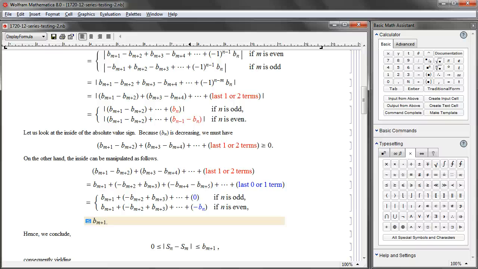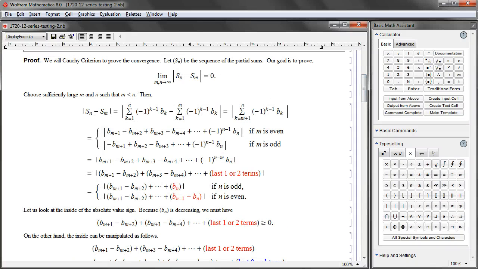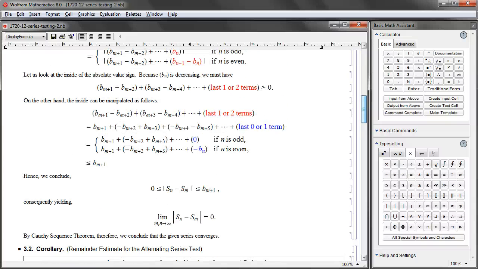By the way, let's remind ourselves where we started and how we ended up with all the equalities and inequalities. We started from here. The absolute value of S_n minus S_m is less than or equal to b_{m+1}. And this one is just a fixed value, m plus 1.